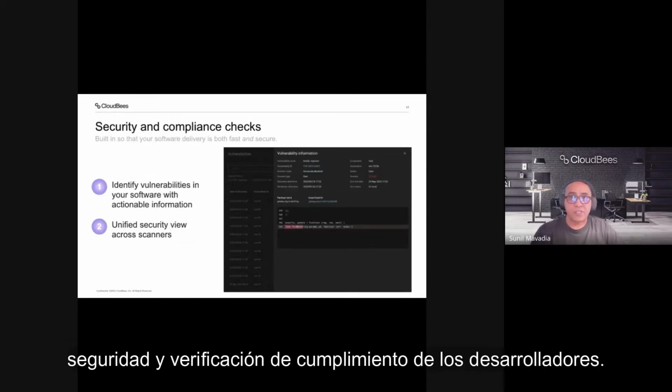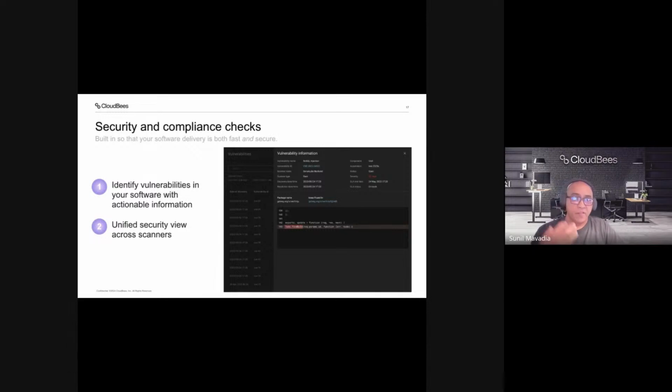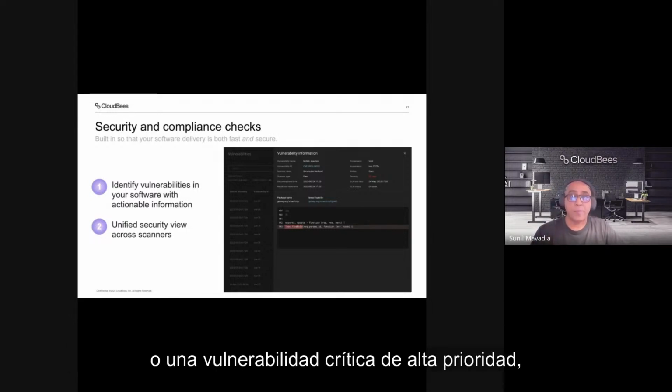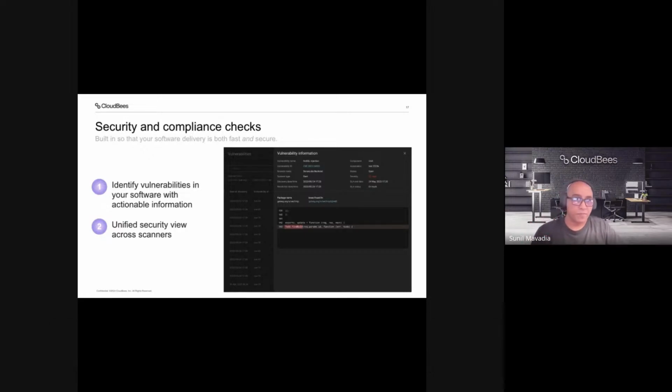Security and compliance checks. The ability to identify vulnerabilities in your software with actionable information. If I have a high priority CVE, for example, or a high priority critical vulnerability, I need to know what that remediation is, and I need to be able to fix it quickly before it goes to production.